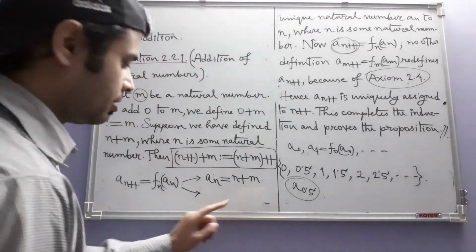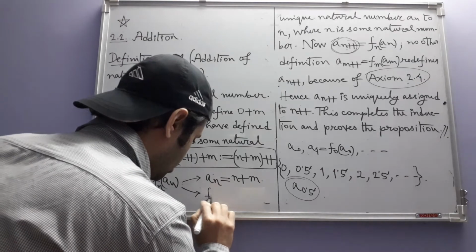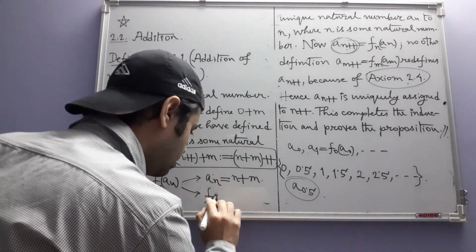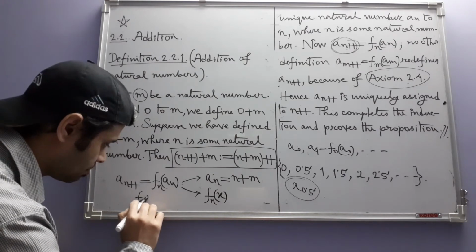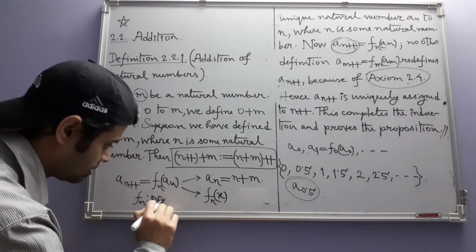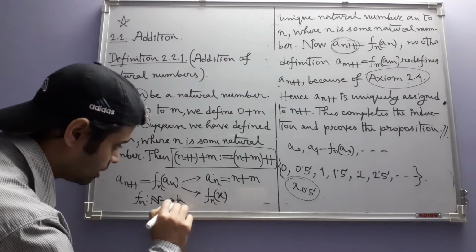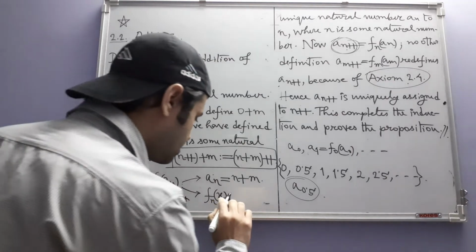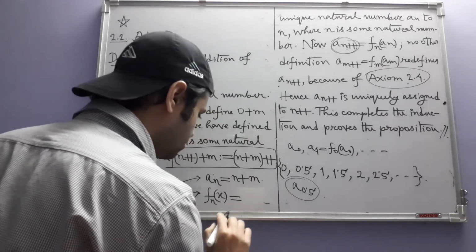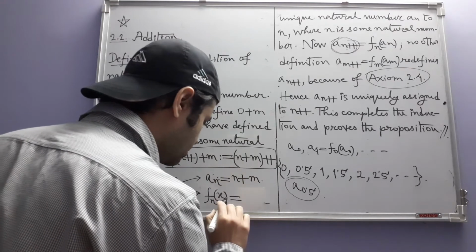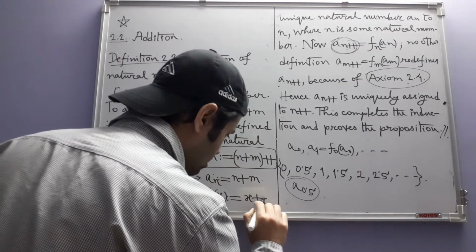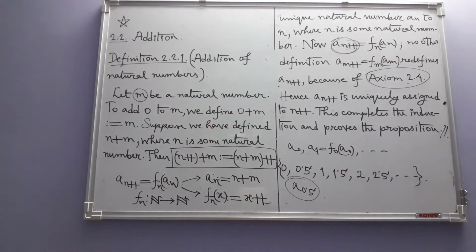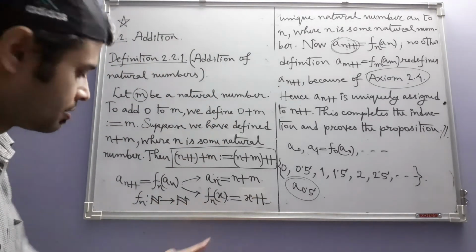This is one thing. And Fn(x), because Fn is a function from the natural numbers into the natural numbers, Fn(x) is equal to, so these things I am defining, the successor of x. Does it make sense?